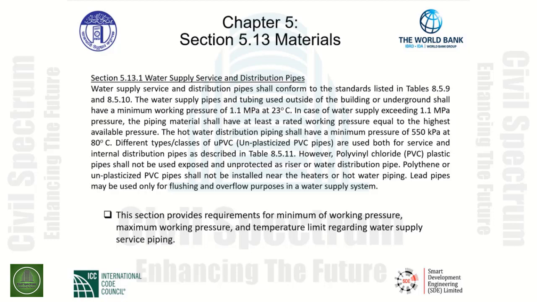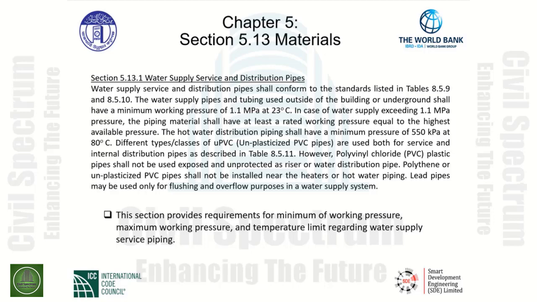This is when we deal with systems at higher pressures than 1.1 megapascals. The hot water distribution piping shall have a minimum pressure of 550 kilopascals at 80 degrees Celsius.